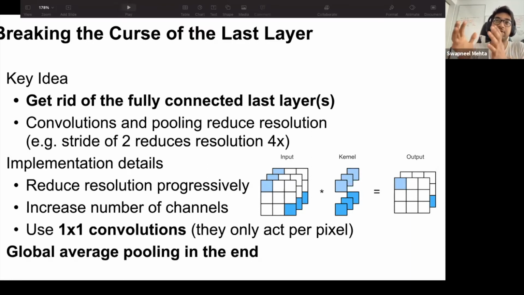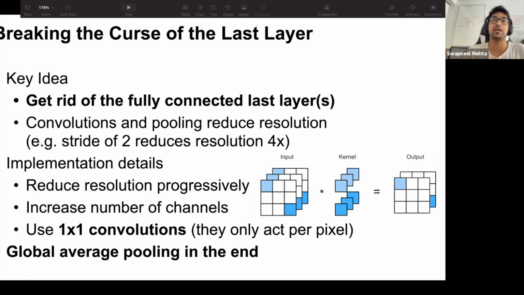So what they said was, let's remove the densely connected layers at the end of the architecture. Instead, move these internally, and add these layers of 1x1 convolution. So in a sense, we're still allowing for the expressivity, but reducing the number of parameters.